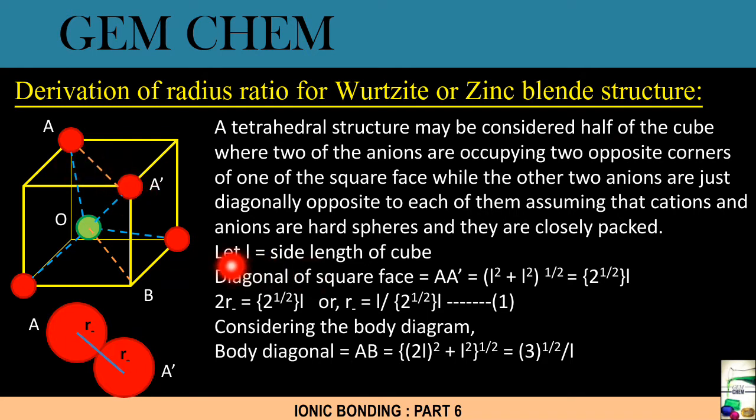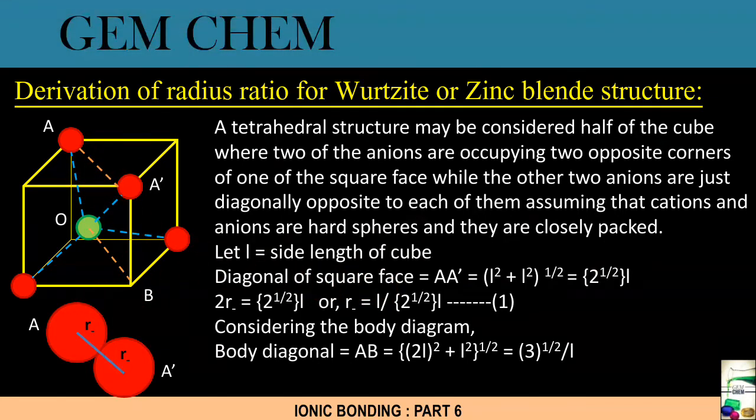Now, let L be the side length of the cube, and we know that the diagonal of the square face is root 2 a, and since the side is L, it will be root 2 L. How it comes is already explained in the solid state video, so I am not explaining it here, right? Since this is the face diagonal, it forms 2r minus.